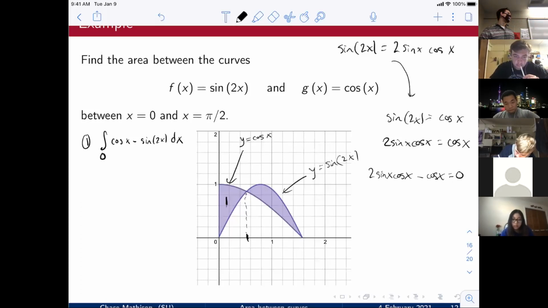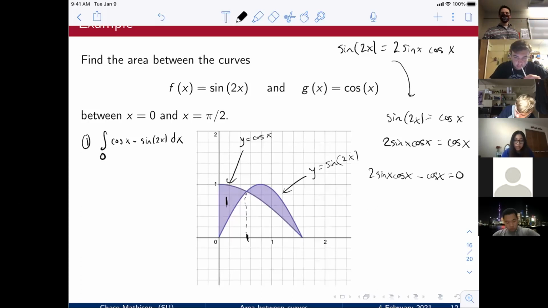And now what can I do on the left there? What do both of those terms have in common? You want to factor? Perfect, exactly right. I want to factor out cosine of x. I'm left with 2 sine of x minus 1 equals 0. So either cosine of x equals 0, which happens at pi over 2, which we can see already, right?